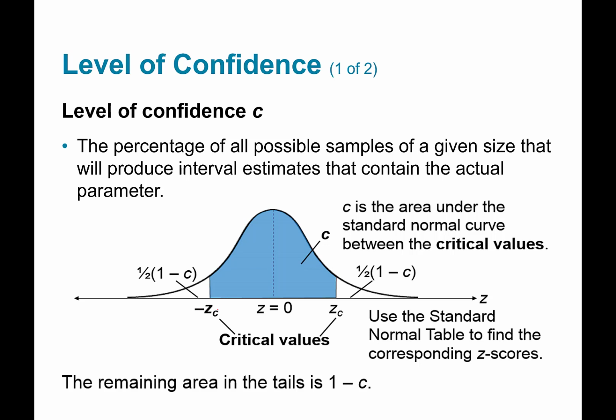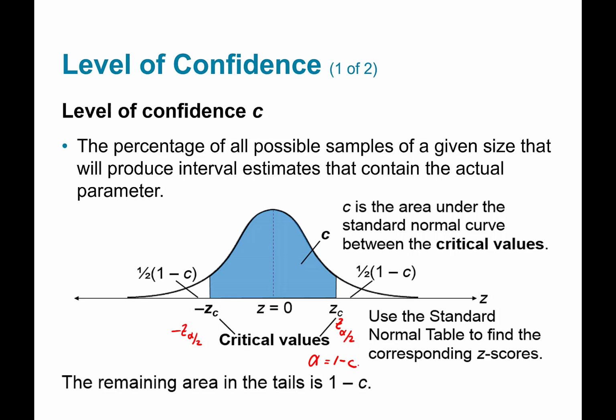We call these negative z sub c and positive z sub c. Your book also calls these negative z alpha over 2 and z alpha over 2, where alpha in this case is equal to 1 minus C. So alpha is the area that's remaining in both tails combined, and C is the area in between those two tails.